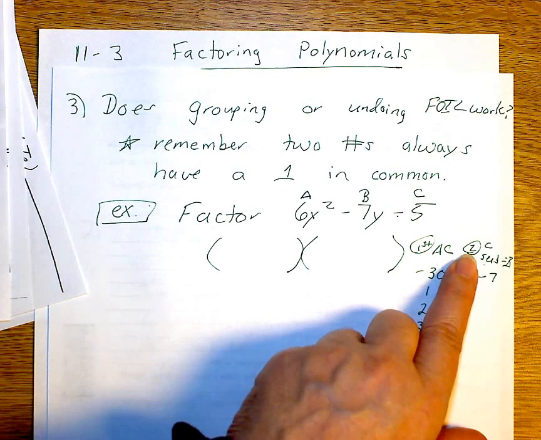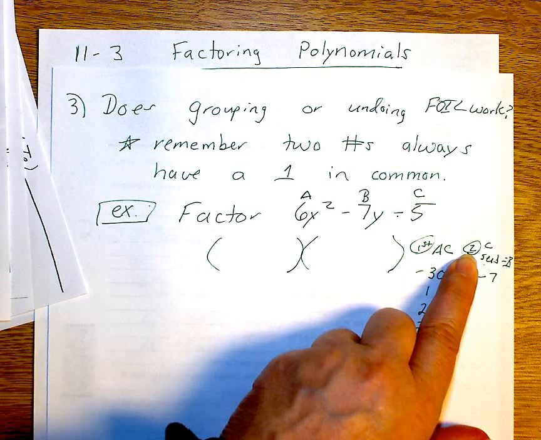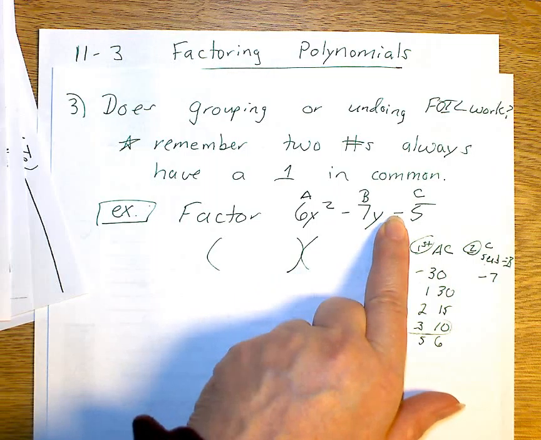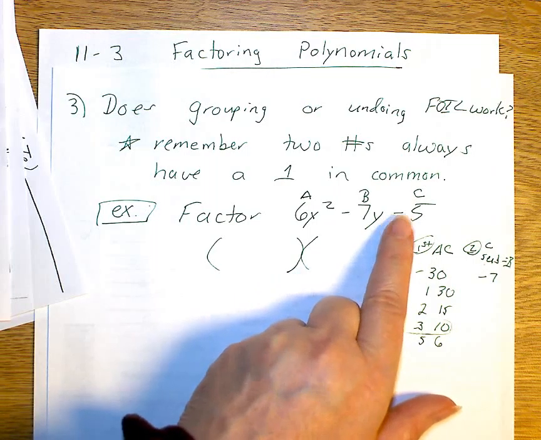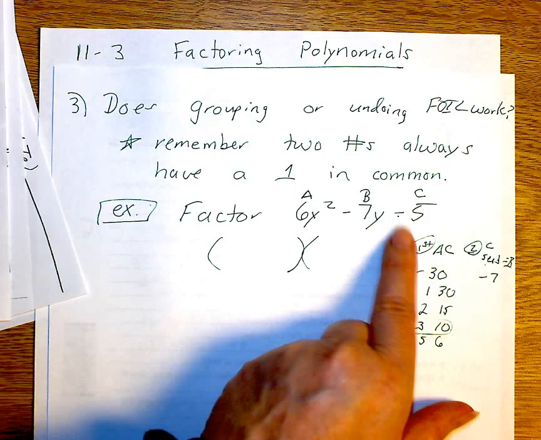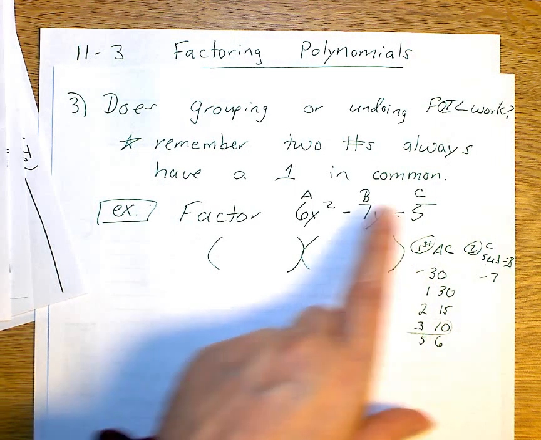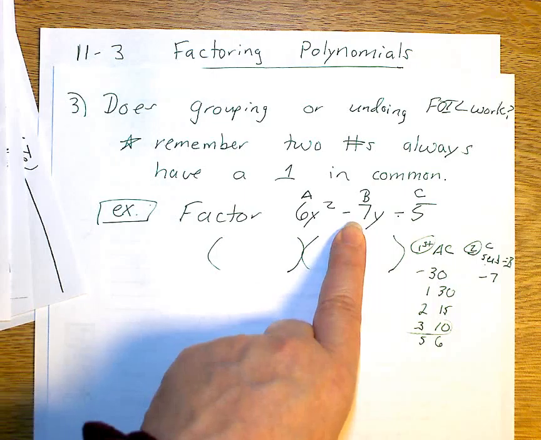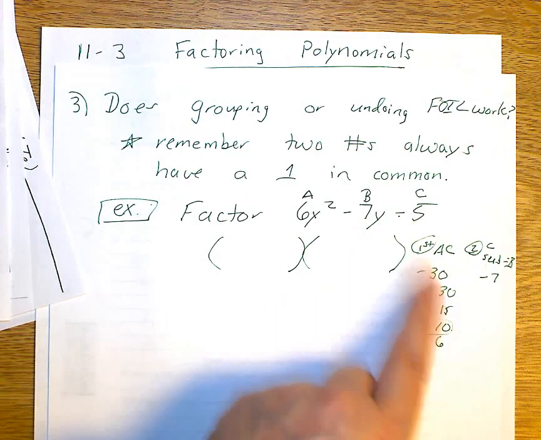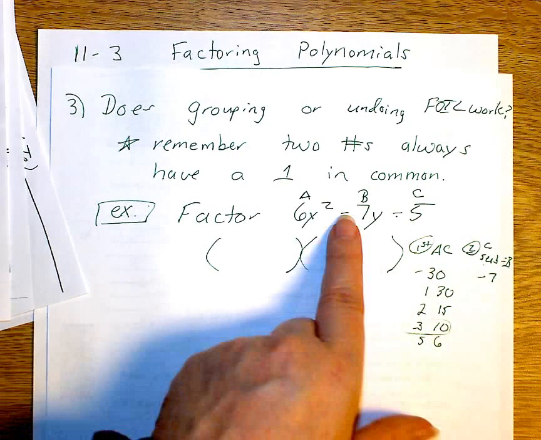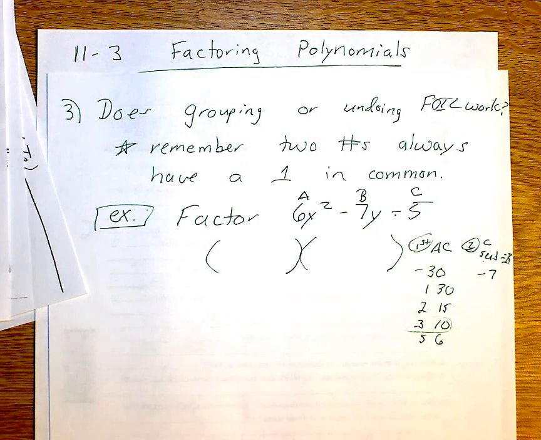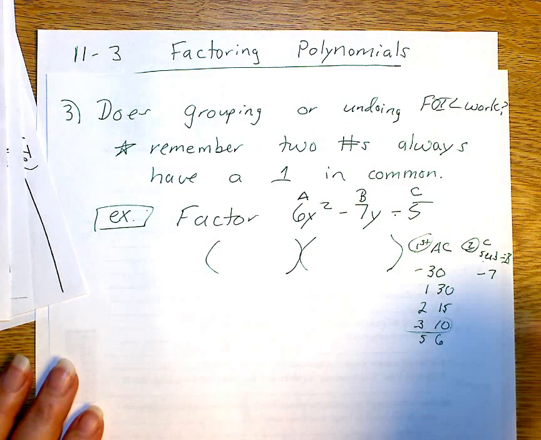Second step is you're looking at C, the sign of C. It tells you what two of these subtract to give you what B is. So what two numbers here subtract to give you B? Sorry, I can write that.